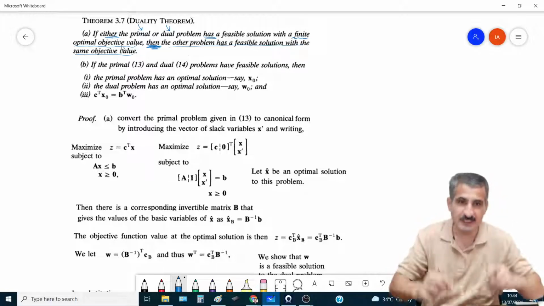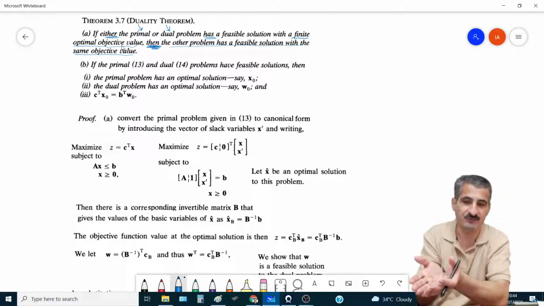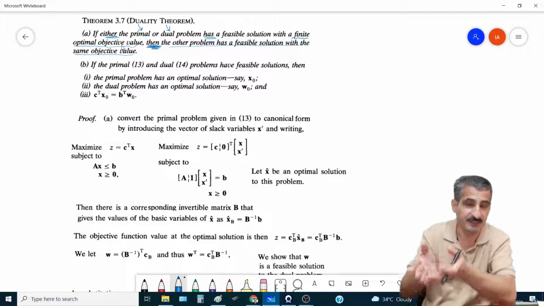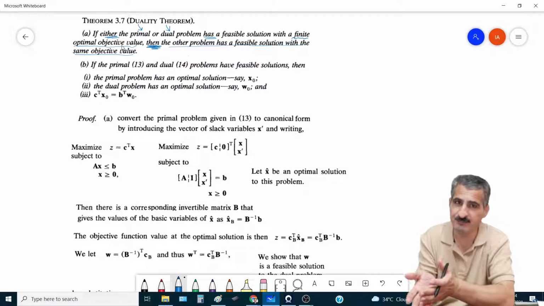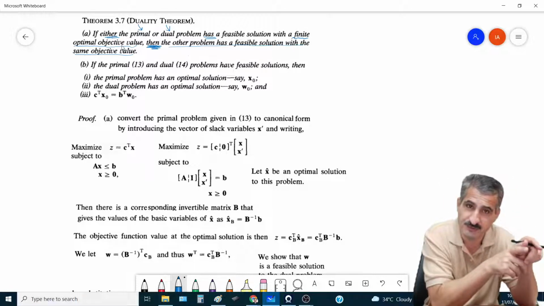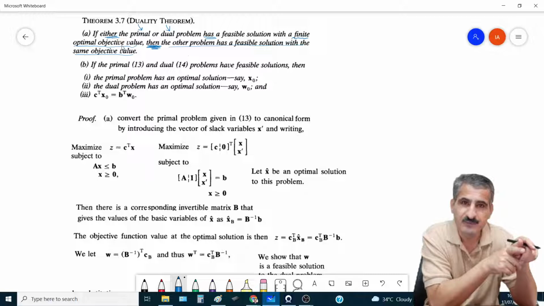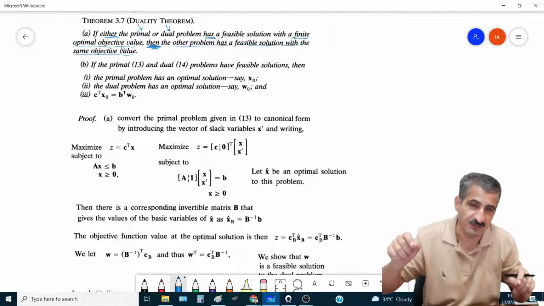So if you know that the primal problem has a feasible solution with a finite optimal objective function value, then the dual must have the same thing. It must have a feasible solution which is optimal, and the value of the objective function here equals the value of the objective function there.